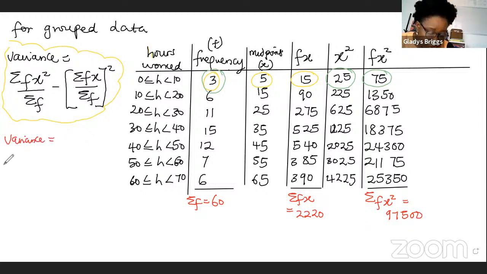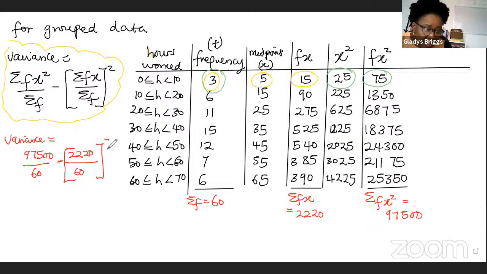Now the variance would then be equal to sigma f times x squared, 97500, over sigma f, 60, minus sigma f times x, 2220 over 60, all squared.